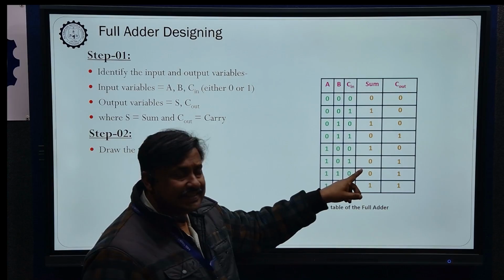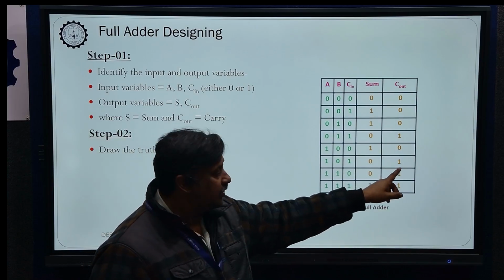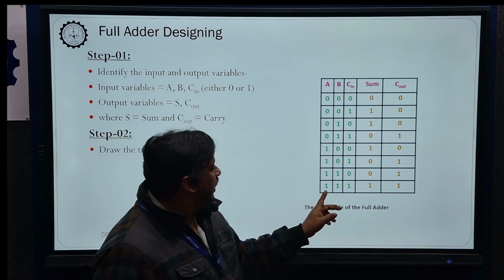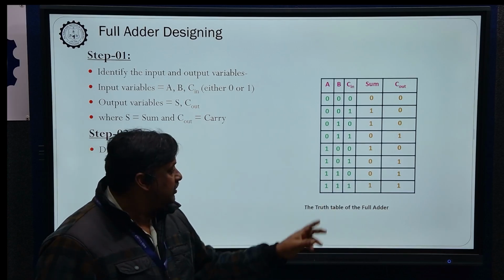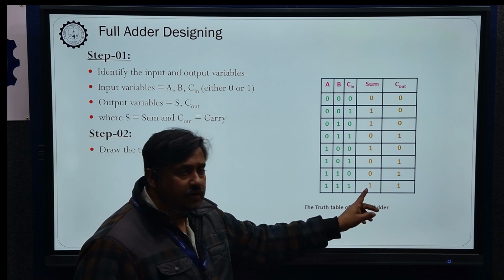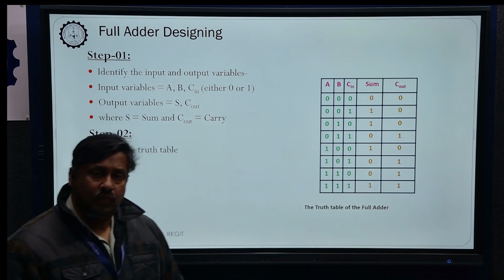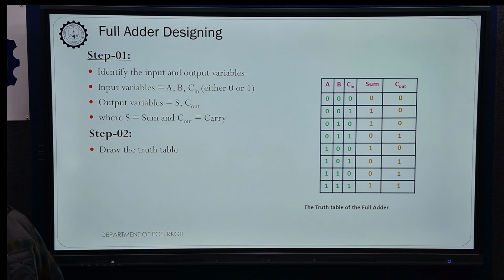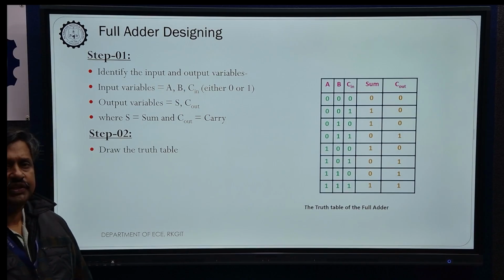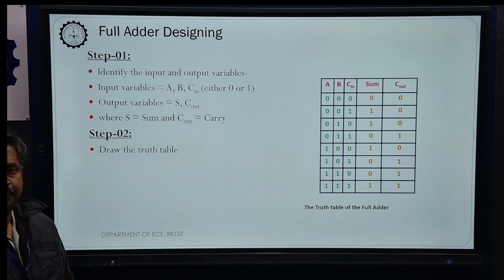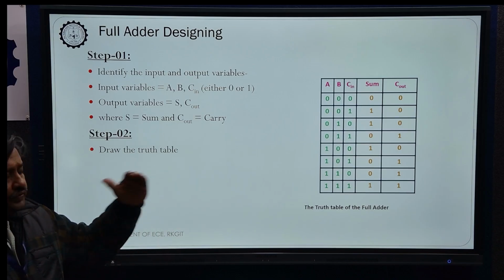For 1 0 1, sum is 0, carry is 1. For 1 1 0, again sum is 0, carry 1. And for 1 1 1, that is 1 plus 1 plus 1, sum is 1, carry is 1. So we have the input-output relationship shown in the truth table. This is the truth table of the full adder.